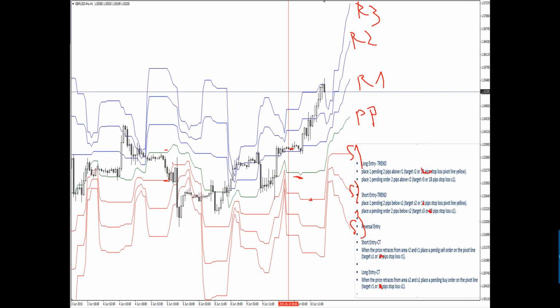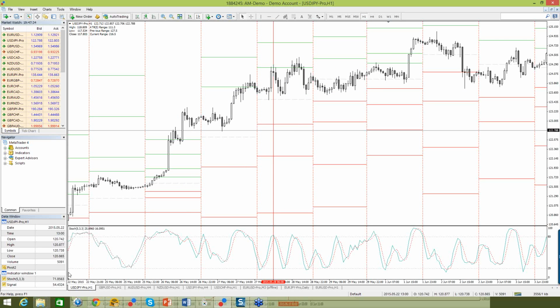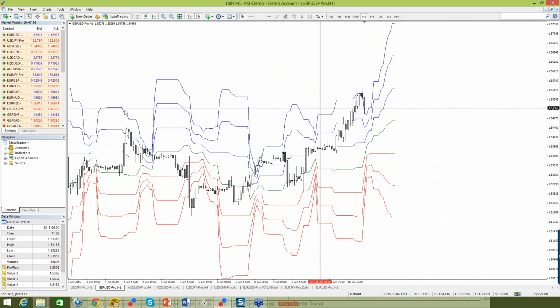You place your stop loss here and you target these levels. It was hit. This was resistance 1. So 2 pips above resistance 1, you need to calculate the spread also, and stop loss basically here. And look how the price was hitting the levels. So that is a good usage with this indicator.